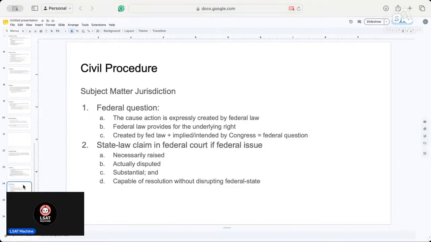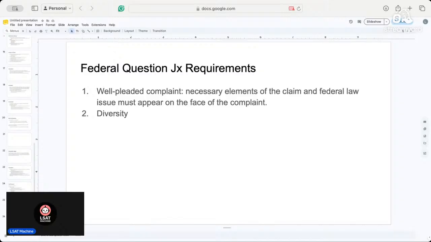I mixed up two things there. But the first thing I said: if it involves a federal issue, meaning something from the Constitution or passed by Congress, federal law, then in general it ends up in federal court.